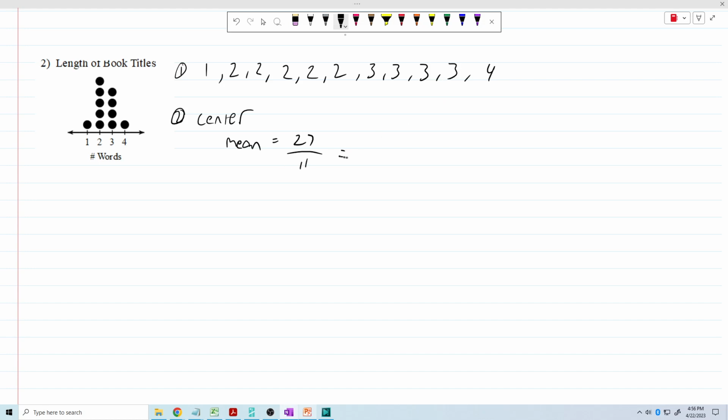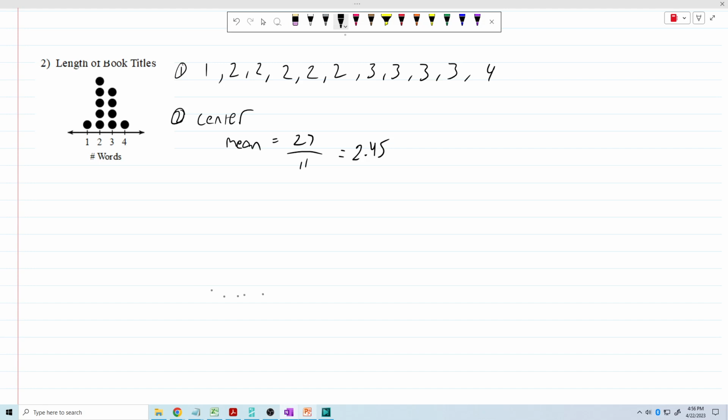So 27 divided by 11 is 2.45, guys. Let me just double check the addition here. Okay, good. Got it.